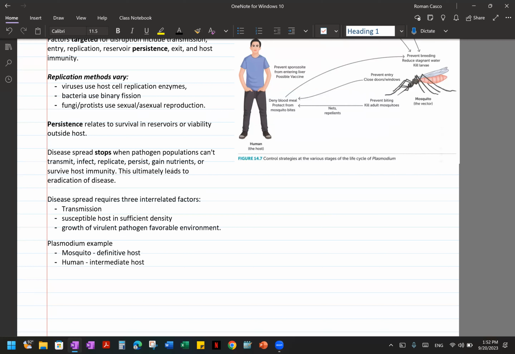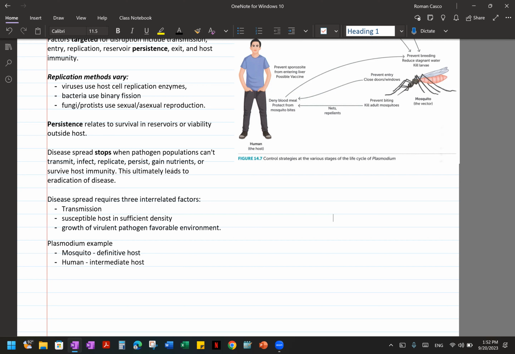Fungi and protists also reproduce not just asexually, they undergo a different type of fission called multiple fission, where instead of two, they can produce three or four or five individuals at once. So scientists look at all of these factors to try to stop replication, and to stop the life cycle.